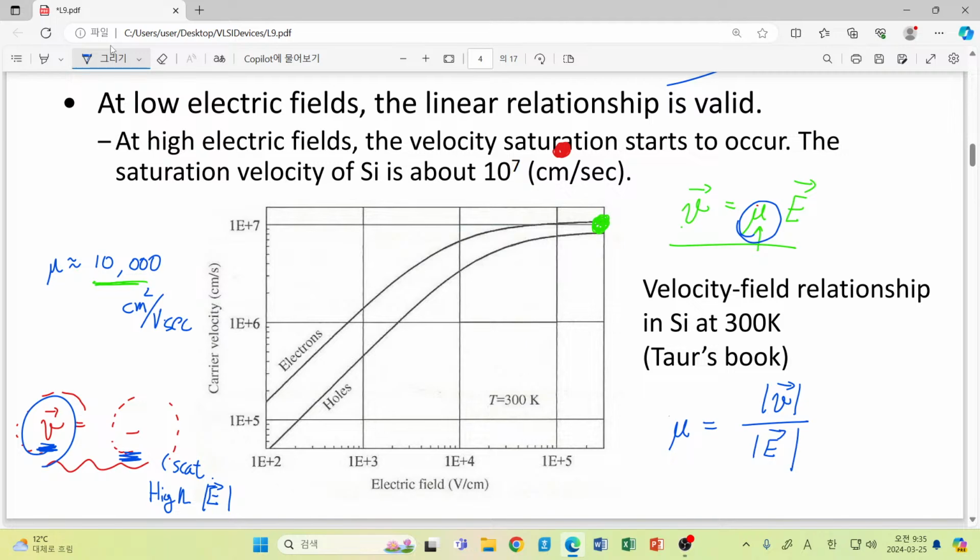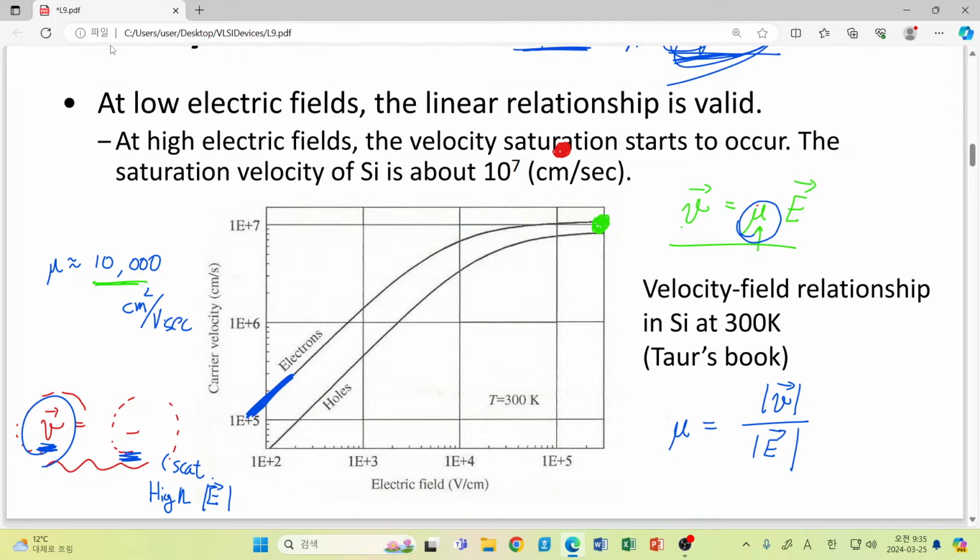Actually, mobility should be defined in this low electric field region, and just be extrapolated up to this high electric field region. However, since it fails too drastically, instead of that, people just take two numbers, the measured velocity and the applied electric field.